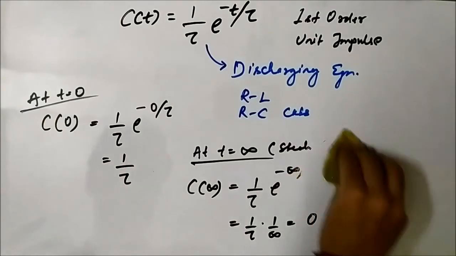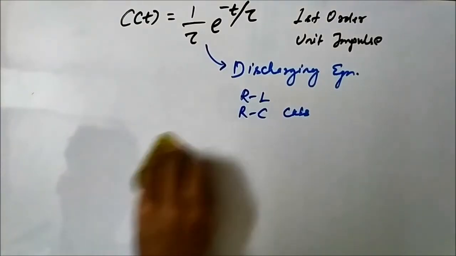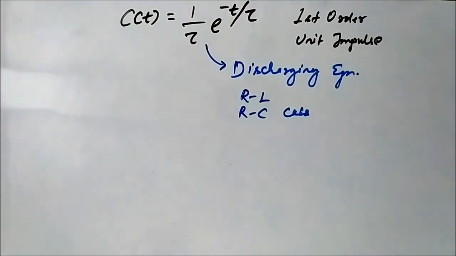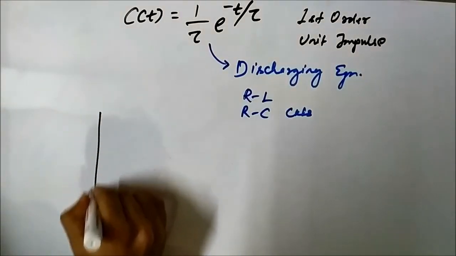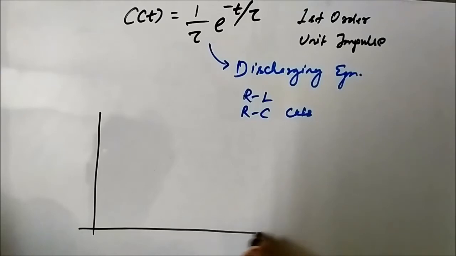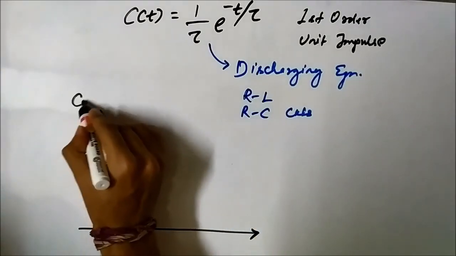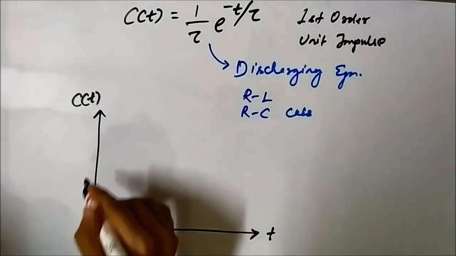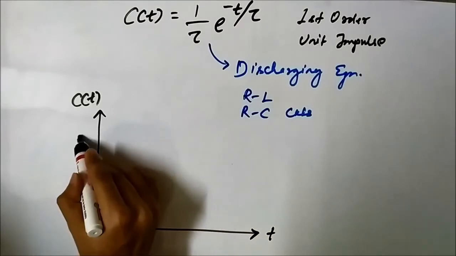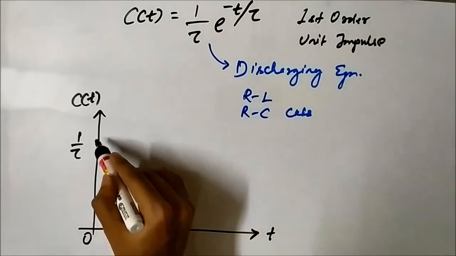So the waveform shape will be like this. Okay, this is c(t), this is t. At t equals 0 it was 1/τ, and at t equals infinity, means steady state, it had a value 0.